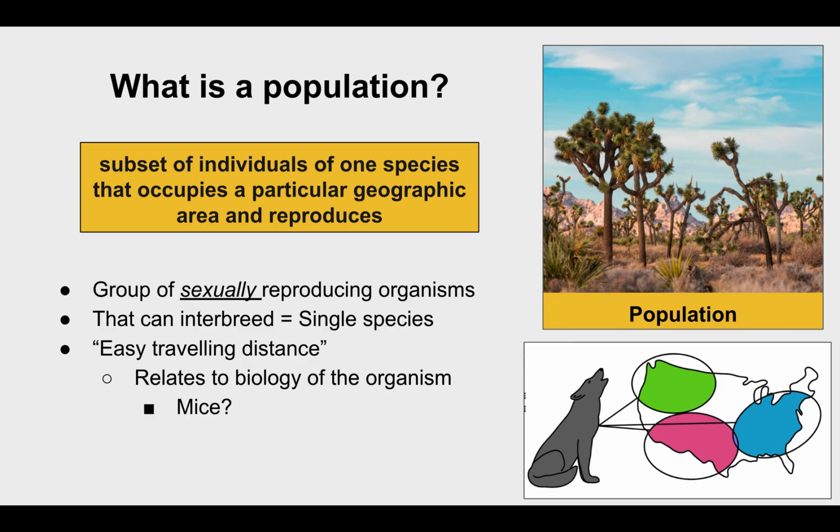But if we think about organisms that can move, the geographic range of mice is going to be a lot smaller than, say, a human population. Right? We have the ability to move further distances. Just like these coyote populations here, right, they have large geographic ranges because they can move quite a significant distance in their geographic range.